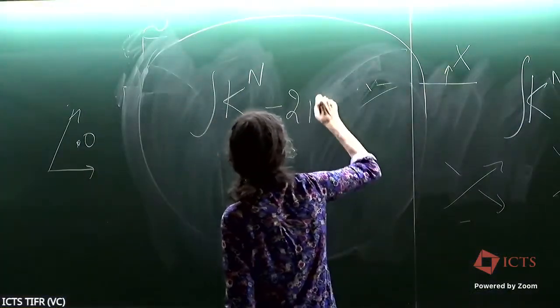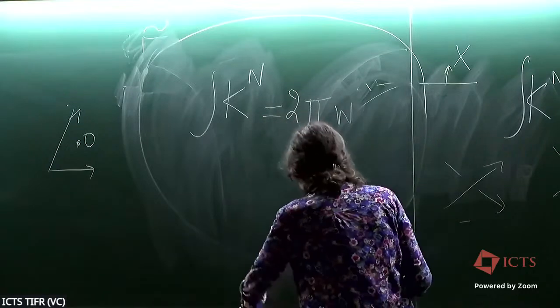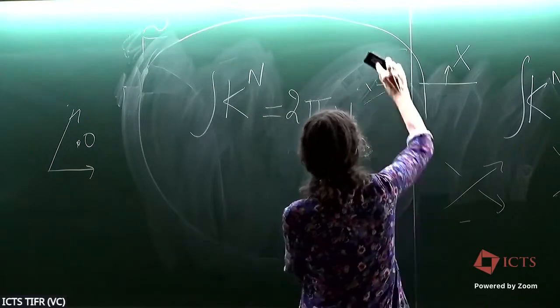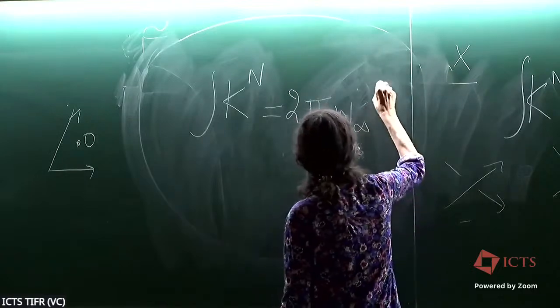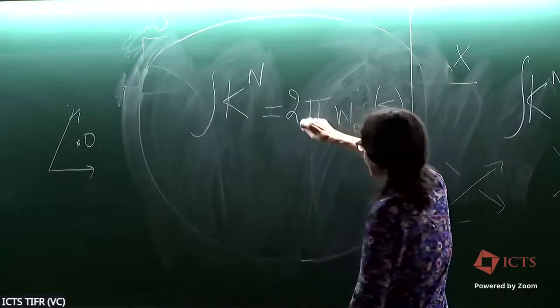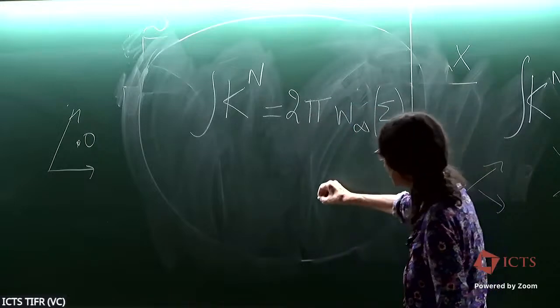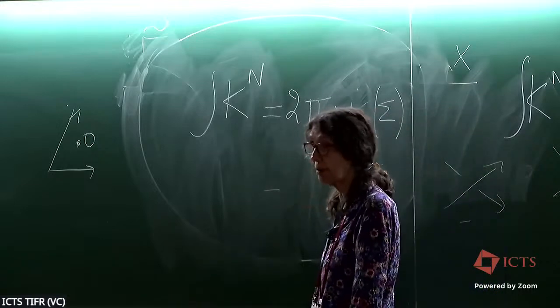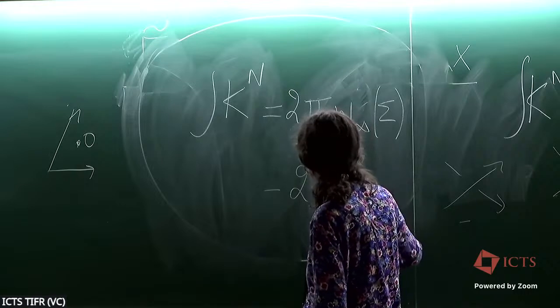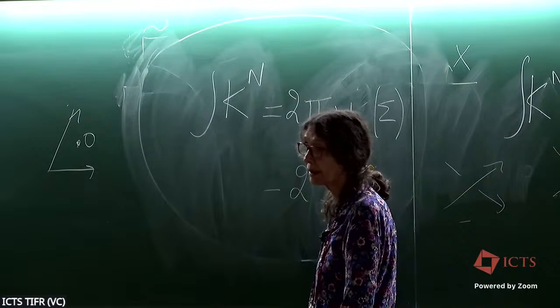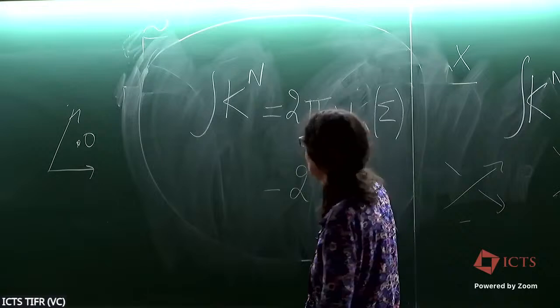It's 2 pi, right? The rise at infinity: if it's embedded, it is this, and if it is not embedded, with a transverse double point, you have minus 2d. And so this is a tool to check that something is not embedded.